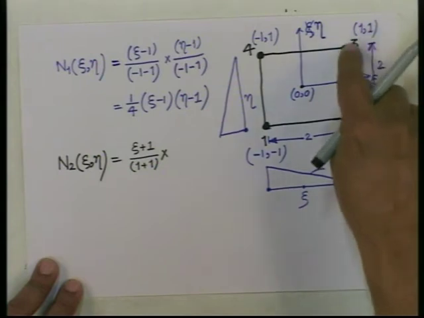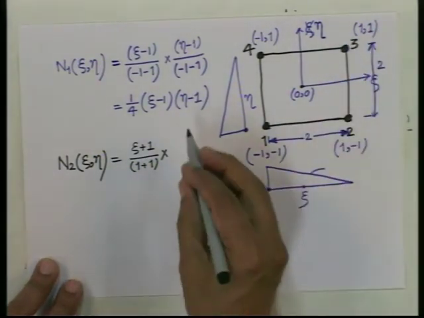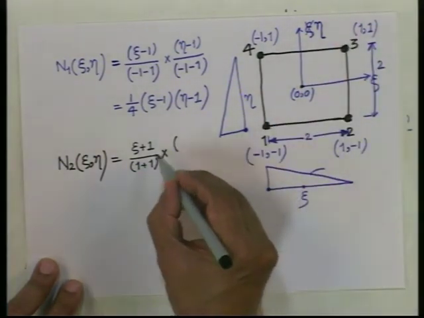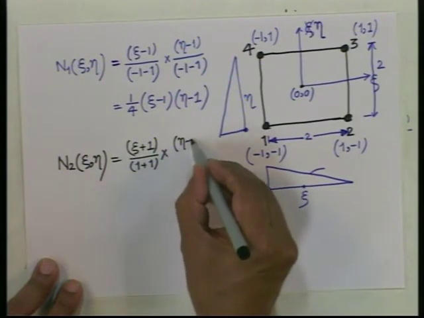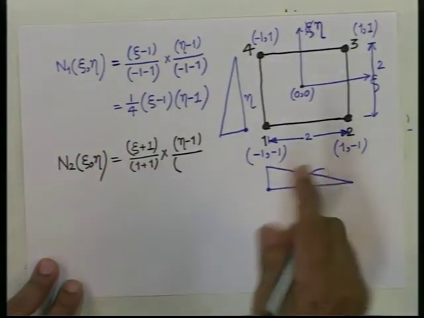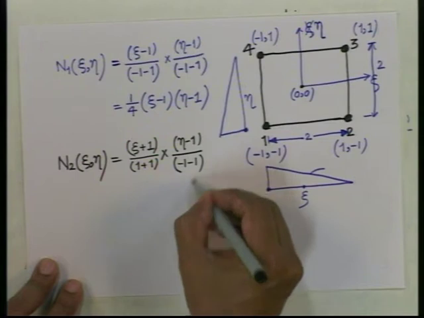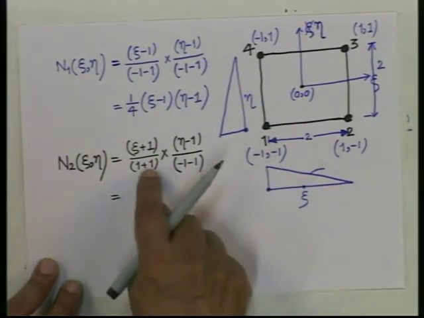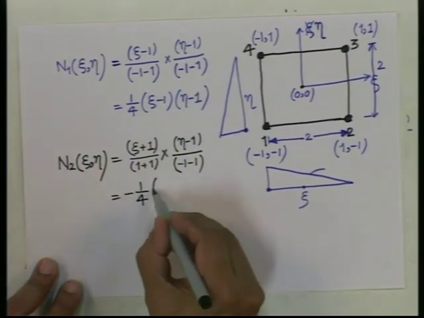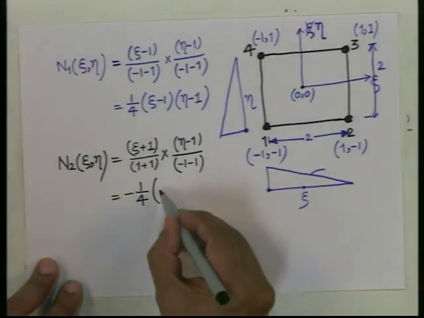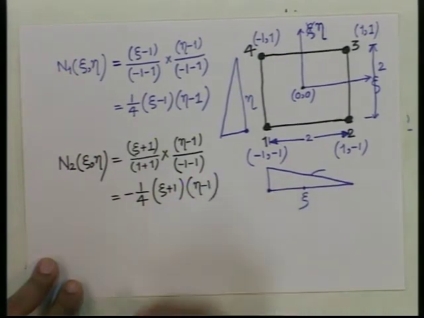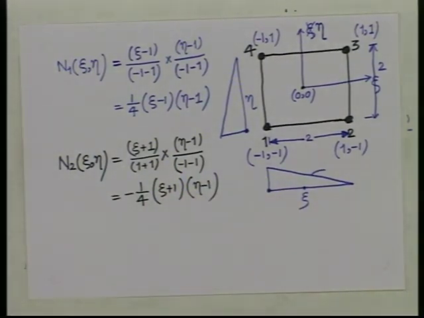Eta minus 1, because here the sign is plus. I hope you are with me. And then what is the value of eta over here? It is minus 1. So, minus 1 minus 1, minus 2 plus 2, so minus 4. So, 1 by minus 4, and then it is psi plus 1, eta minus 1. And please check whether it satisfies the condition.